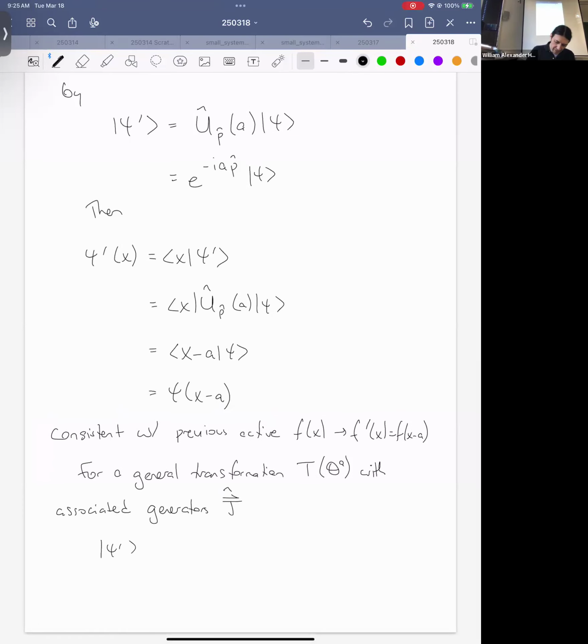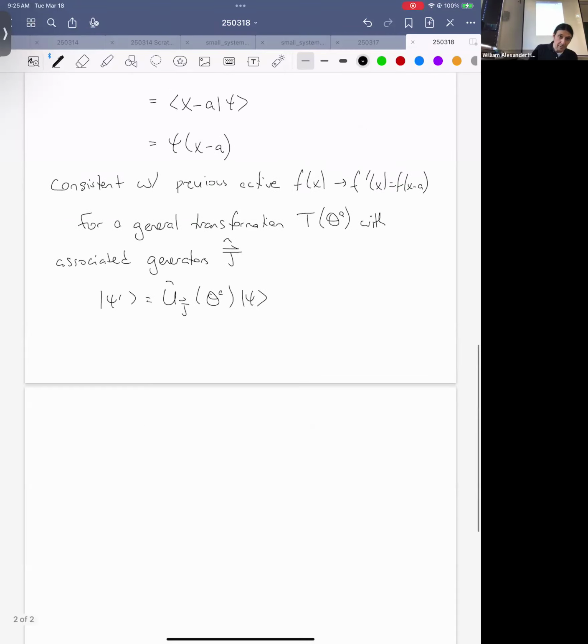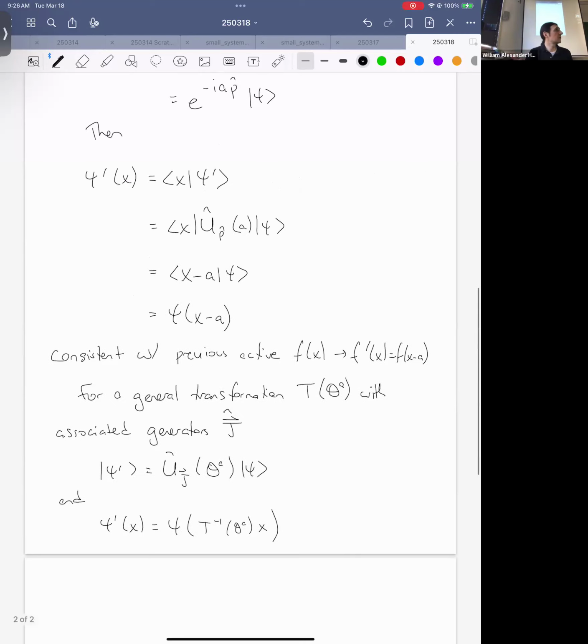We have psi prime is U J theta A on psi, and psi prime of X is going to be equal to psi of the inverse transformation on X. I feel like that generalization is straightforward, but let me pause for any questions on that or anything else that I've talked about so far.